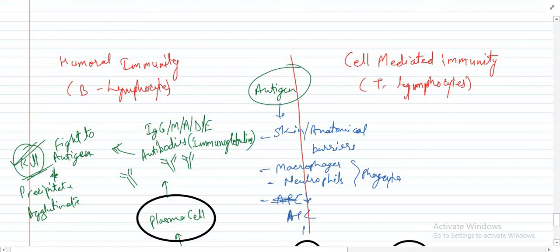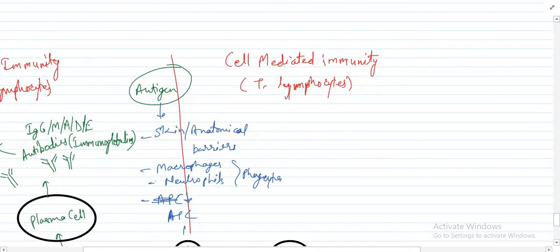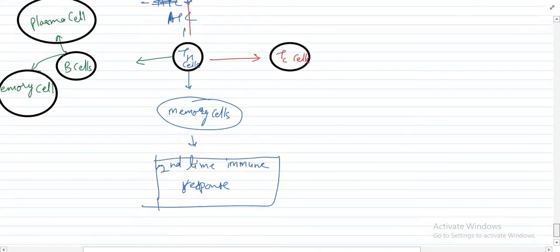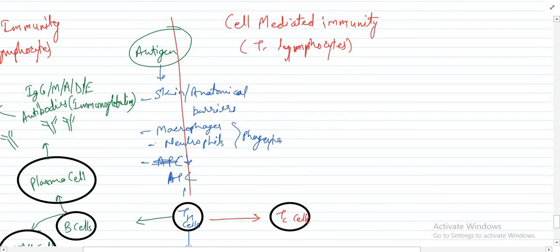Now coming to the other system, that is cell mediated immunity. Here, as we said, the antigen signal was given to the TC cell.